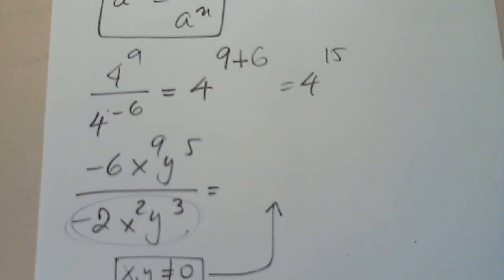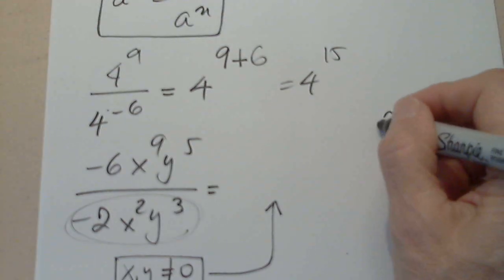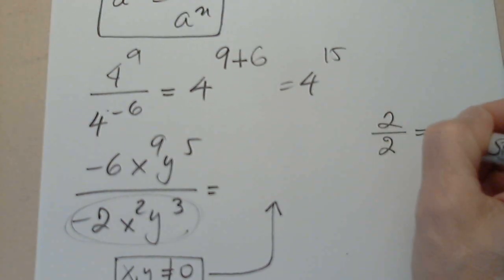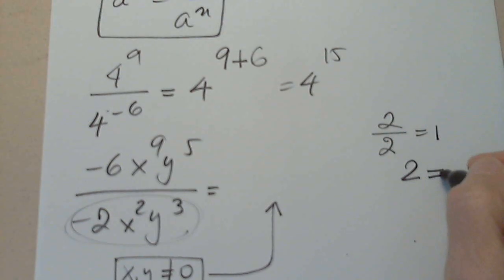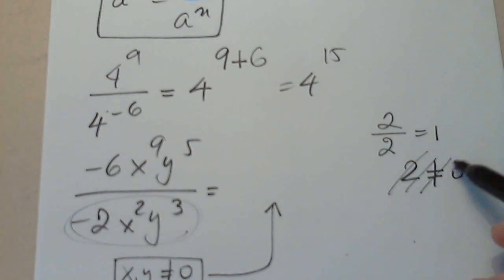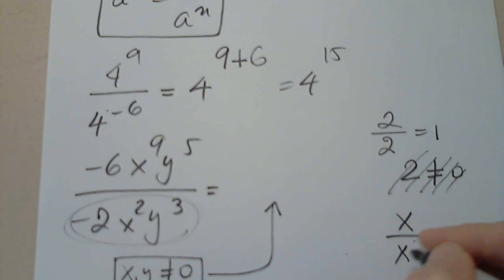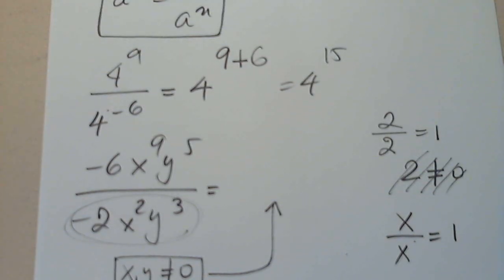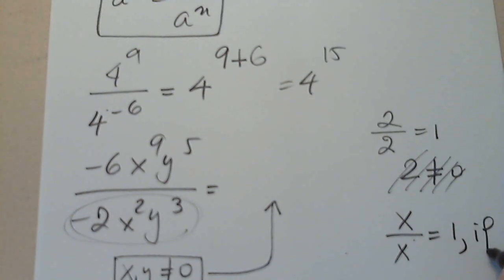So here's a reason why. When I divide 2 by 2, I get 1. I do not have to write that 2 does not equal 0. Of course not. 2 is not 0. But if I have x over x, I know the answer is 1. But it is 1 only if x does not equal 0.